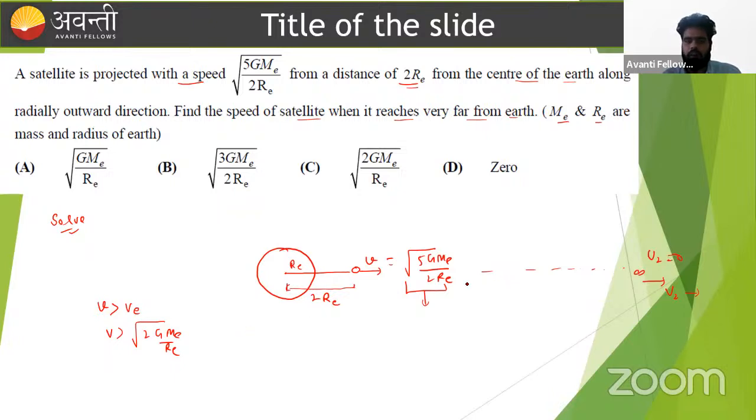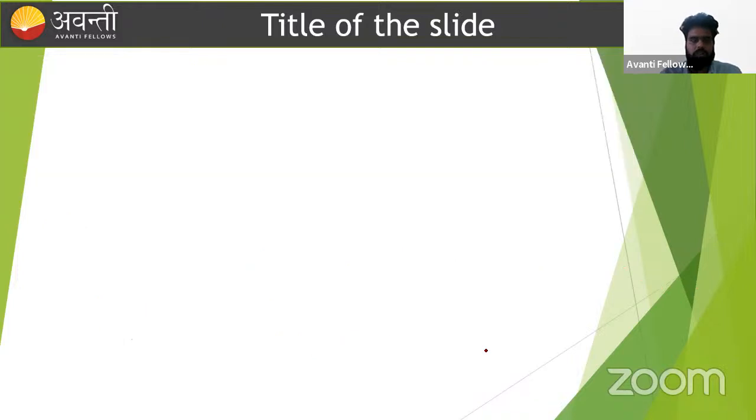How can we recognize this? Because on the basis of the concept, this v is greater than escape velocity. So we apply conservation of mechanical energy. According to it, we can write K initial plus U initial equals K final plus U final. K initial is half m v square, if we consider the mass of the satellite as small m.